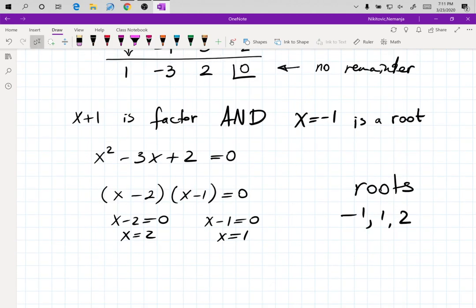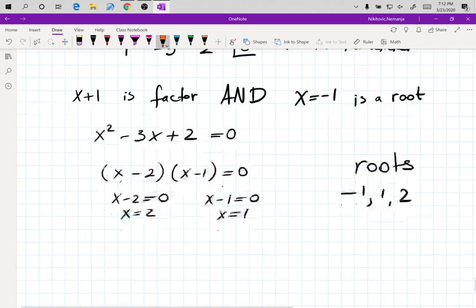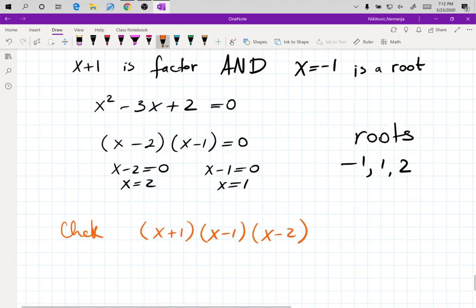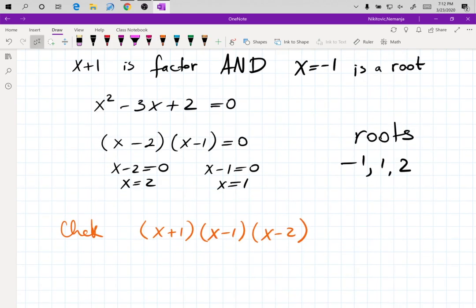Now, let's say you care and you want to check. What do you do? Well, just multiply them all out. You have x plus 1 times x minus 1 times x minus 2. Multiply this and we're good.